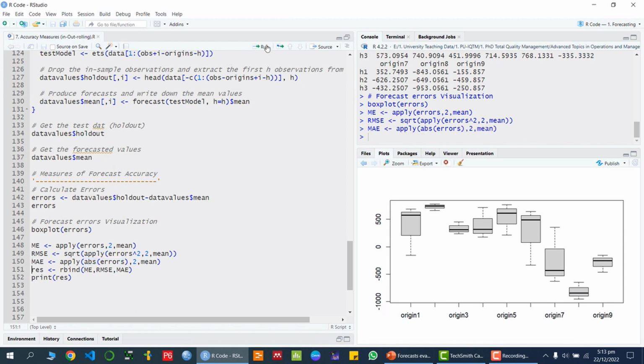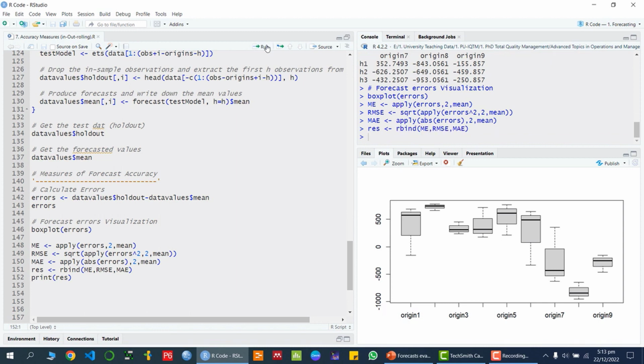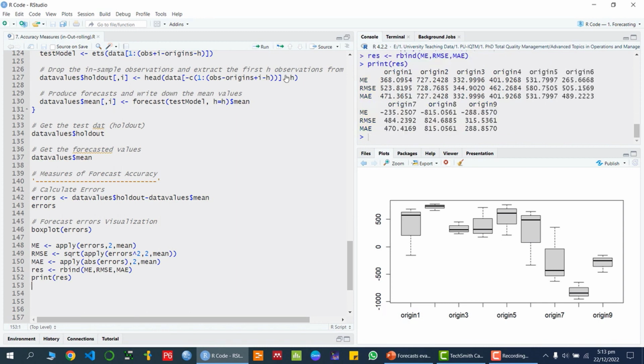Now I am giving the name of each row, root mean square error and mean absolute error, and then I am printing the results. These are basically the exponential smoothing models' rolling horizon based forecast errors. So this one is when the origin is 1, root mean square, mean absolute percentage error, similarly against origin 2, and so on.